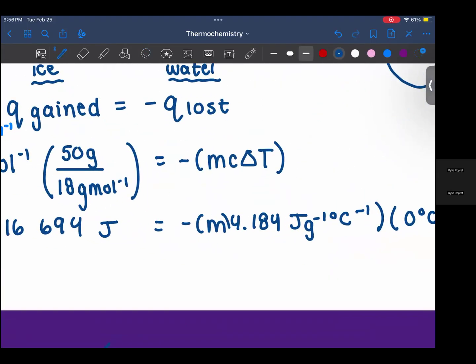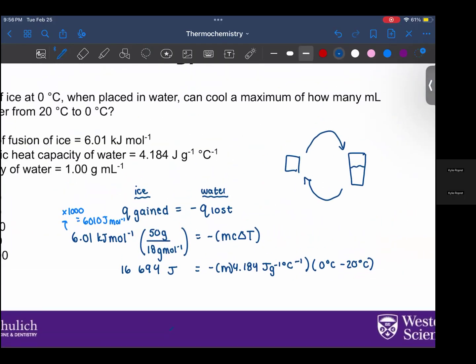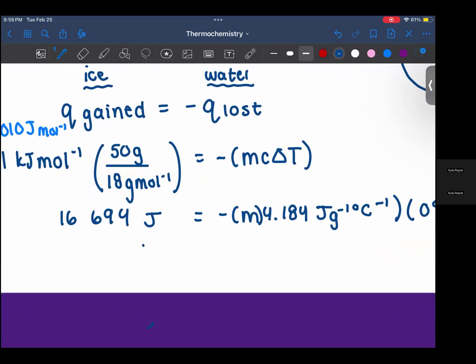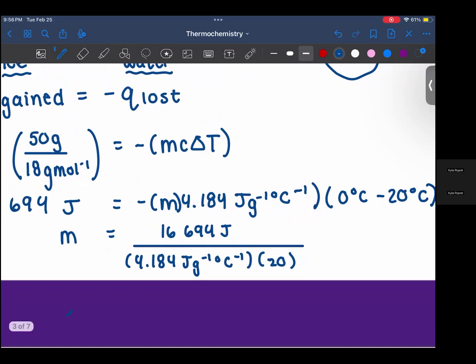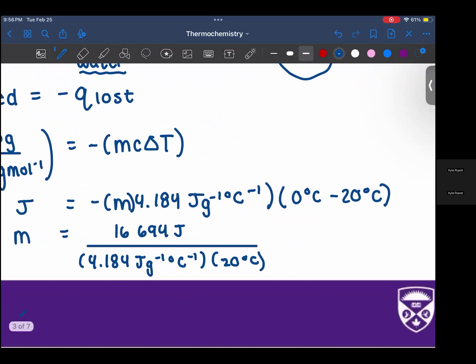And then if we just rearrange and solve for m here, so we'll have m equals 16,694 joules divided by 4.184 joules times, and I'm just going to put 20 here, so we can keep it as 20 degrees Celsius.